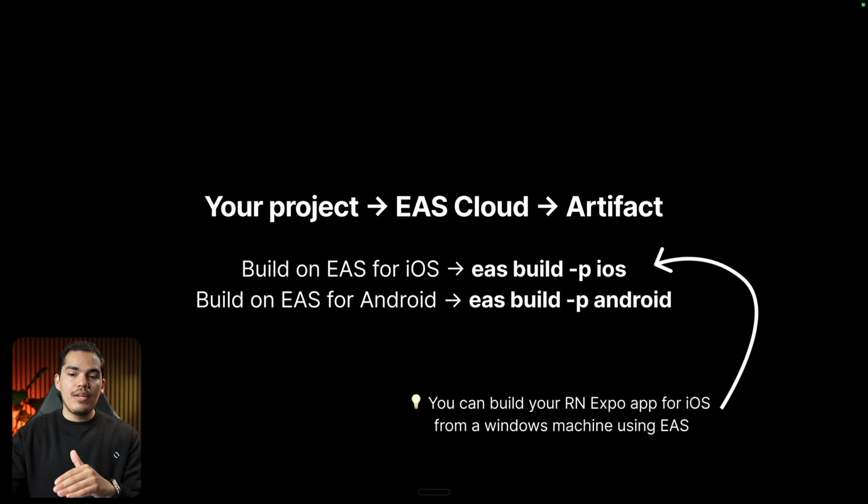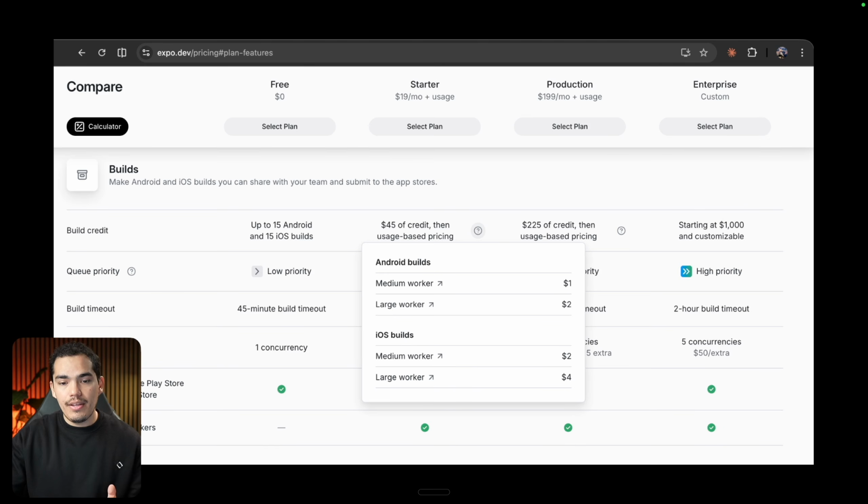Expo just wraps everything into one command and you get the same artifact locally. You can do that as well. I personally recommend that you do that, especially if you don't want to use all your builds. You can build locally, and then once you know that your application compiles and works nicely and you're ready for production, maybe just use EAS to build and submit.